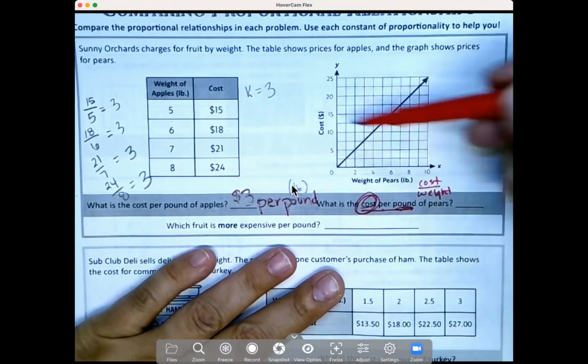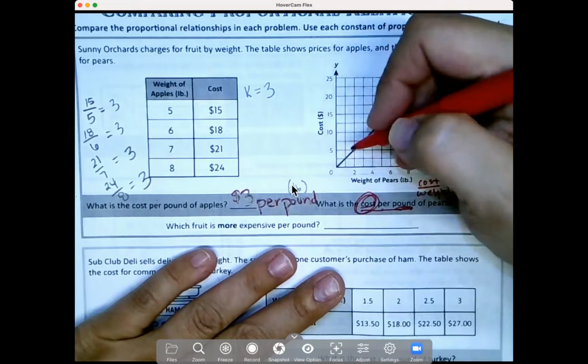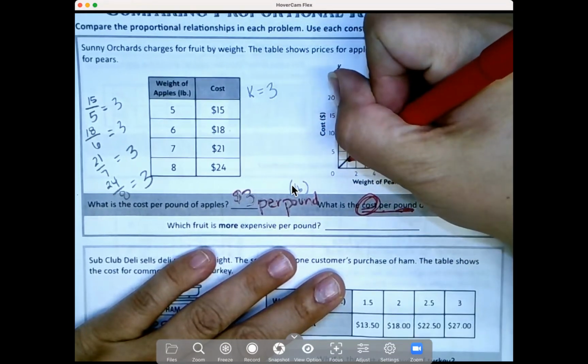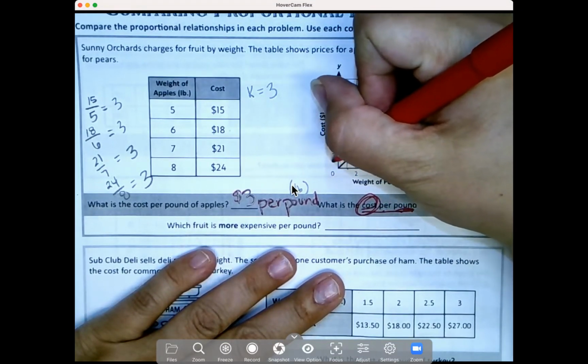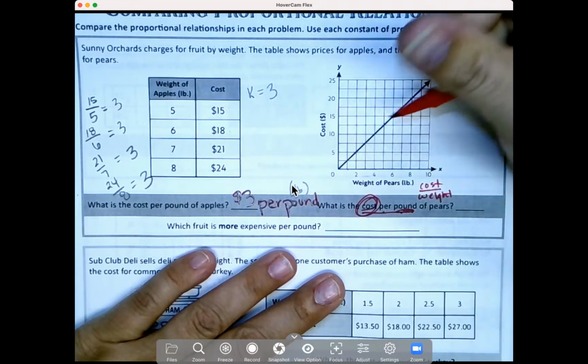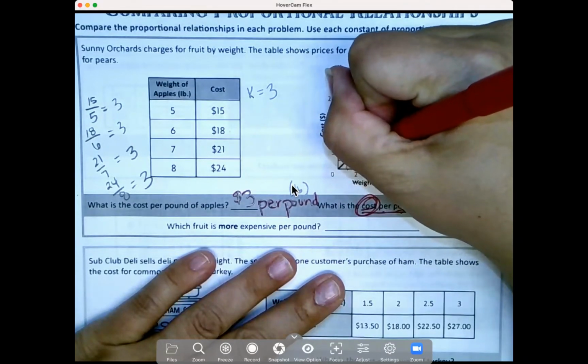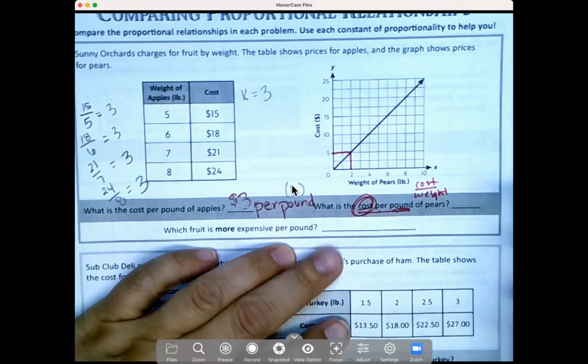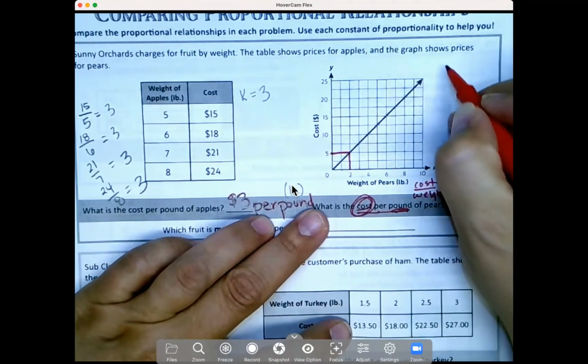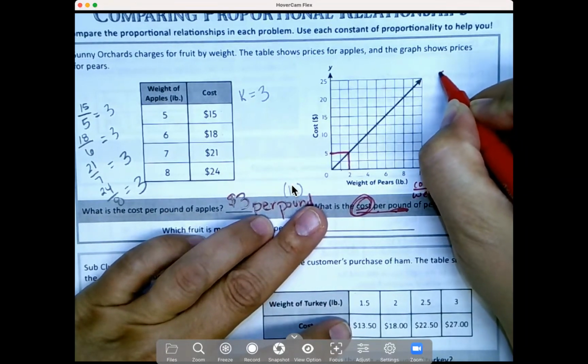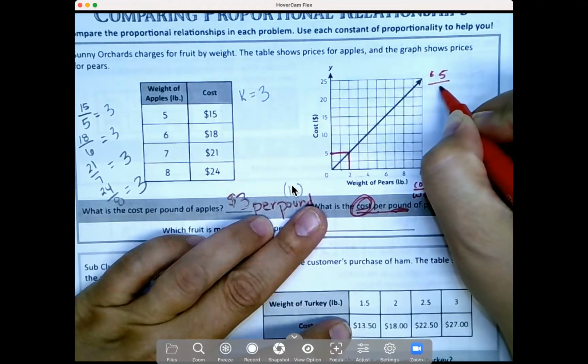So this is the top, this is the bottom. And what I can do is I can pull numbers off of this graph. Okay. They're probably not going to go for 1 in whatever's here because it's not a given value. They're probably going to start here at 2 and 5. Okay. So I can say the cost at $5 for 2 pounds.